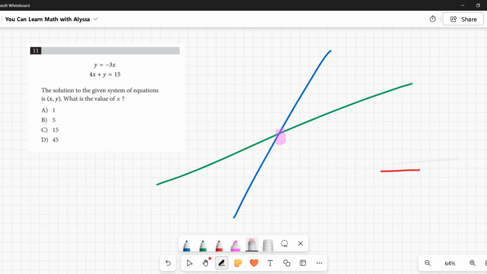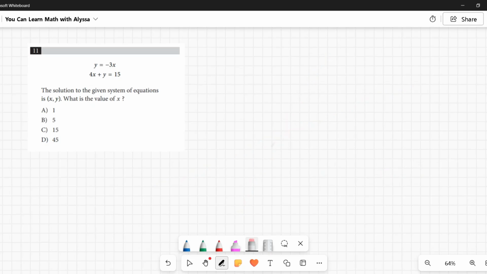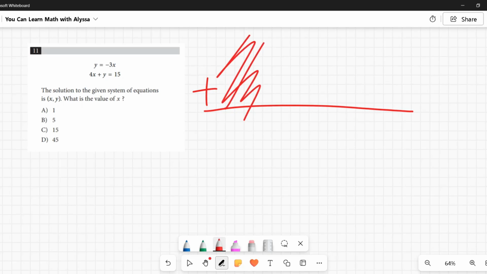And the x and y values for that point of intersection are the solution to that system of equations. There are two other common ways that we can solve linear systems of equations, that is, substitution and elimination. Elimination is where we want to add the two equations together, and when we do that, we want either the x's or the y's to cancel out. So you're like, okay, the x's are gone.